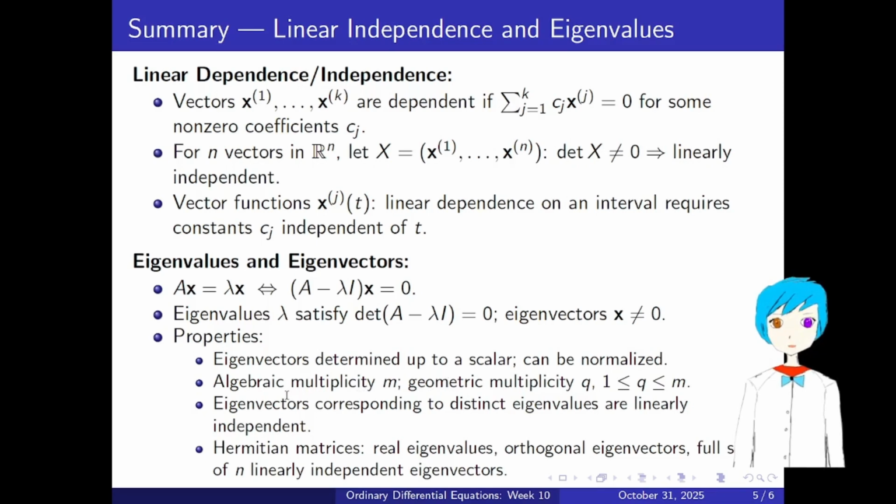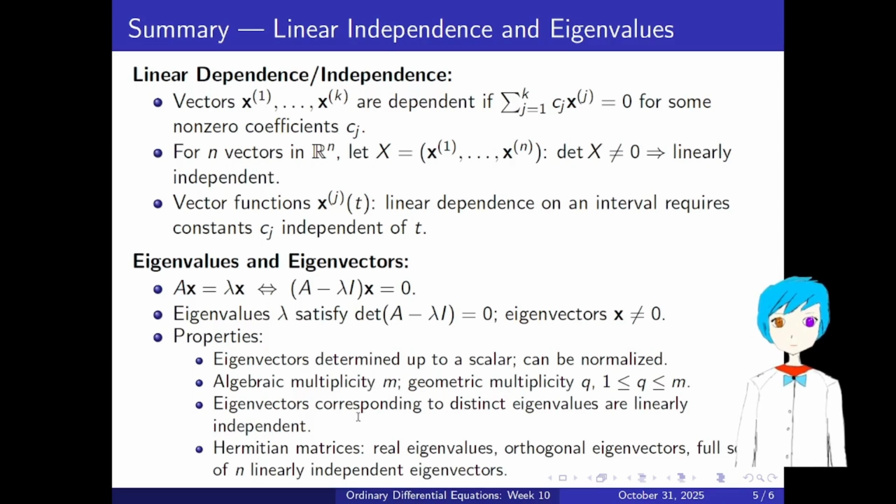If an eigenvalue is an n-times repeated root of the equation determinant of A minus lambda I equals 0, then its algebraic multiplicity is n. It also has a geometric multiplicity, which is the number of linearly independent eigenvectors corresponding to the eigenvalue. The geometric multiplicity is never larger than the algebraic multiplicity.